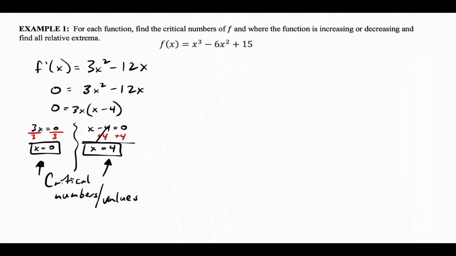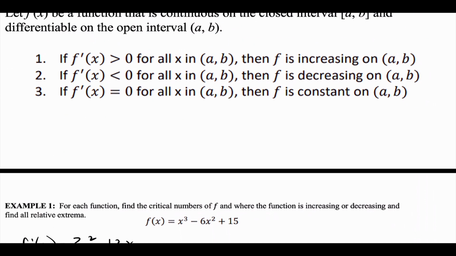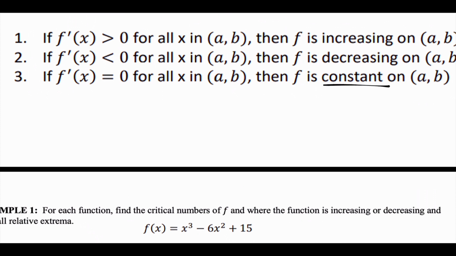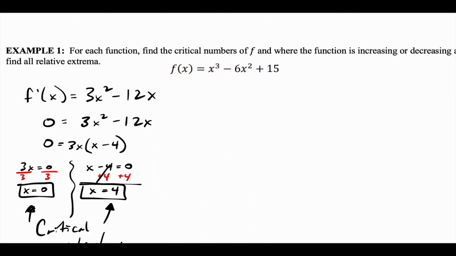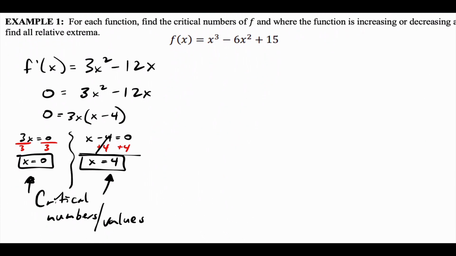Now I'm going to use those to figure out where the function is increasing and decreasing. At critical values, f is constant. It's not increasing, it's not decreasing. So f of x is not increasing or decreasing at 0 and 4. It's not going uphill, it's not going downhill, it's kind of a holding pattern.